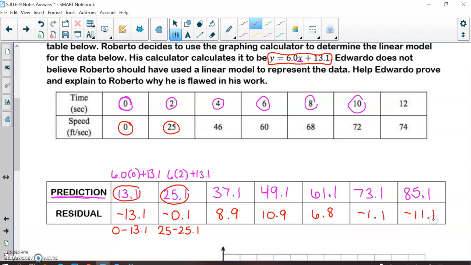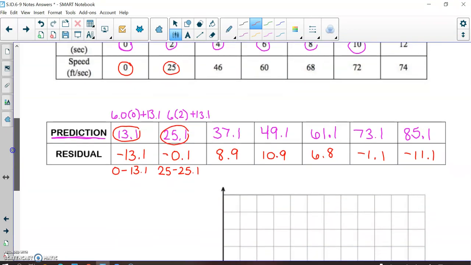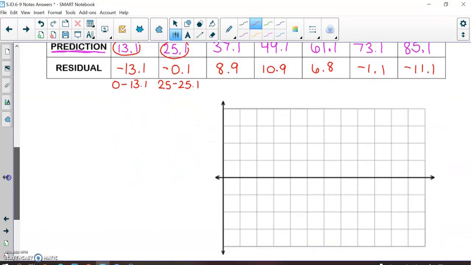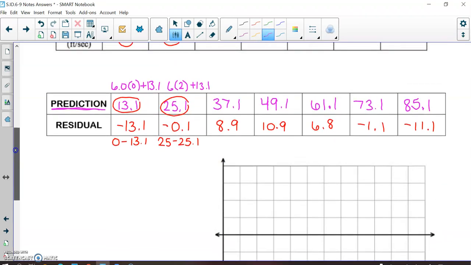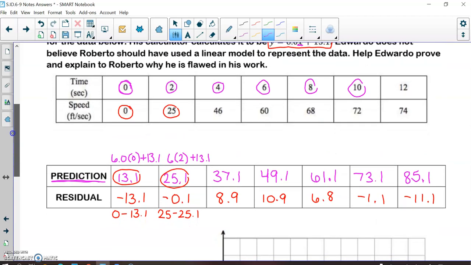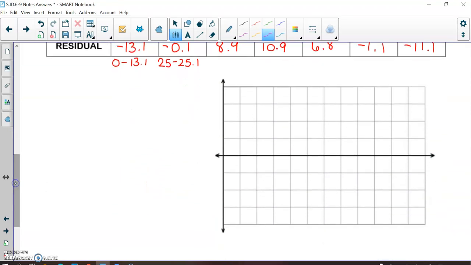Okay, now we're going to plot this on the graph below. This is called the residual plot. We're going to make a scale on the graph. For the x's, we could go by 2's, 2, 4, 6, 8, 10, 12.